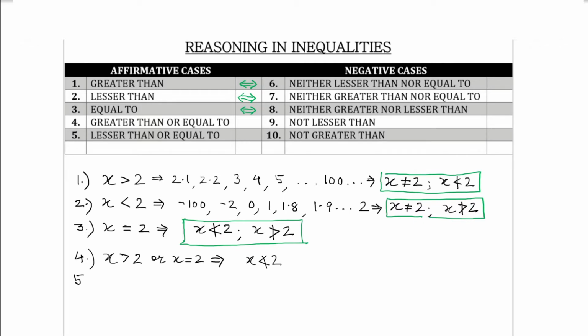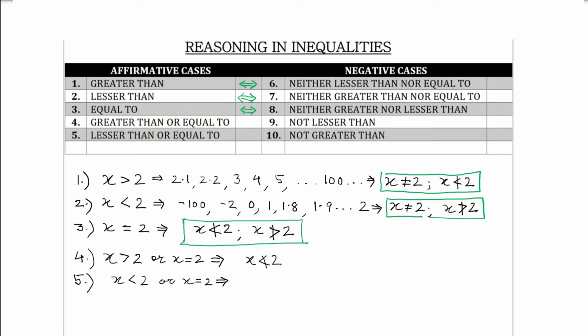The last case here, which is the fifth case, is when we are saying that x is less than or equal to 2. The point to understand here is x is either equal to 2 or less than 2. You cannot use both the things together. Otherwise, they contradict each other. So the word or here plays the role of a disjunction. These are disjoint sets.